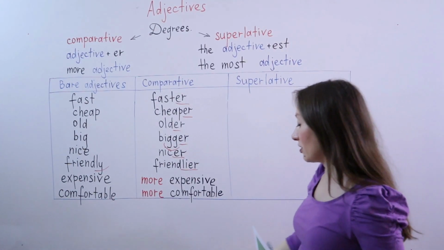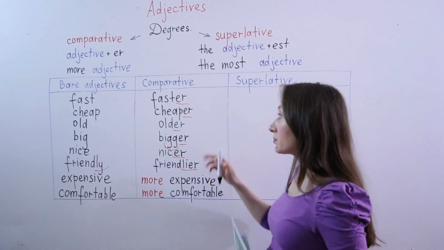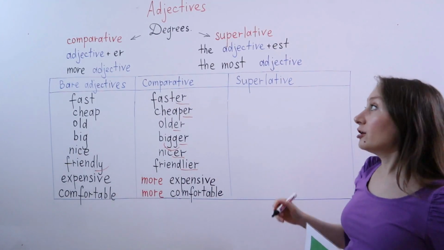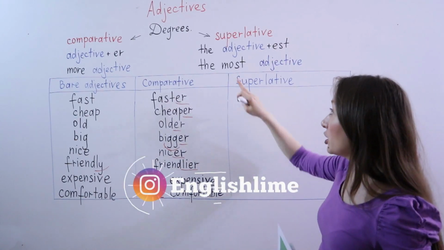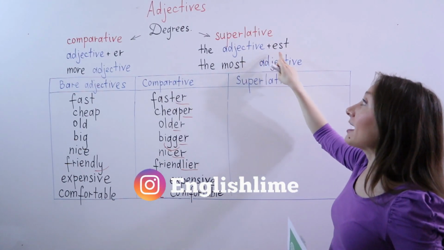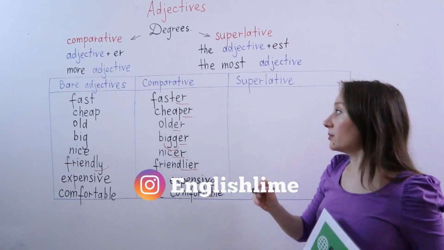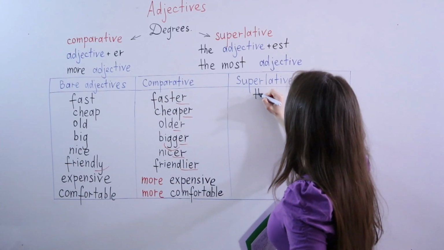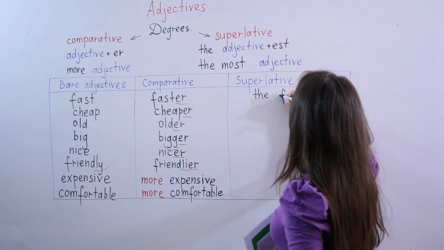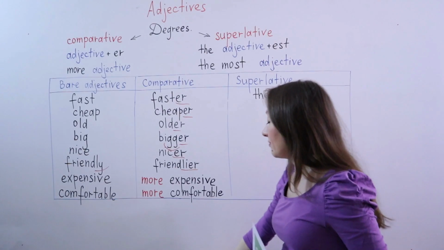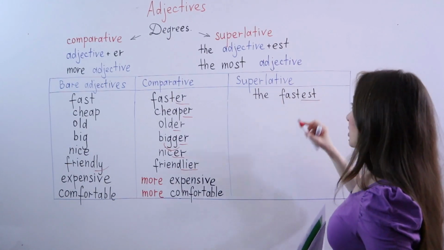Let's do it with me together. So the first example is fast, faster. So we write here the fastest because it's a short one, right? One syllable. So you add the fastest. Yeah, we have est here.